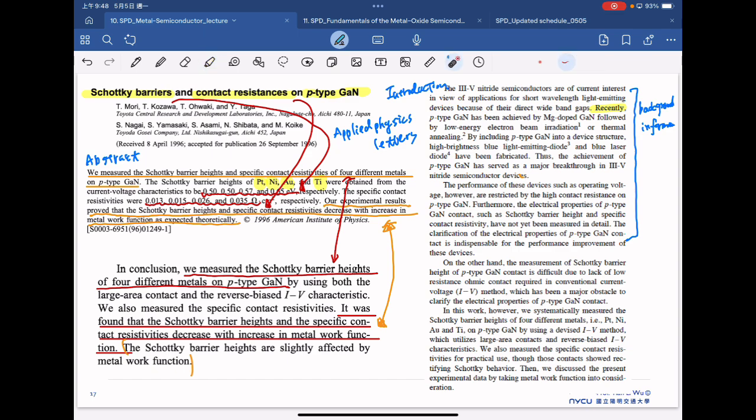The recent progress is that P-type gallium nitride has been achieved by magnesium doping. That progress happened around the 1990s. After this, we still need to put more effort to further validate or demonstrate something on this recent progress.